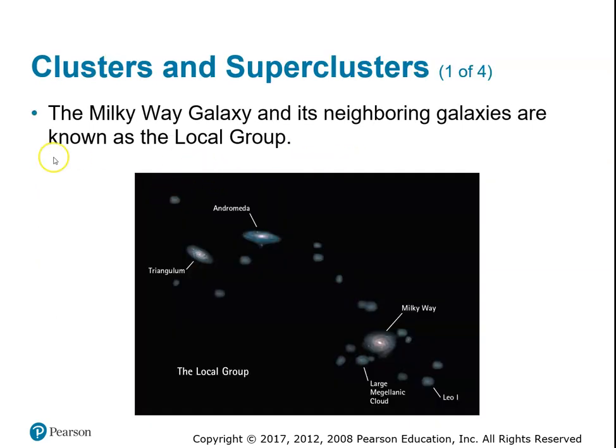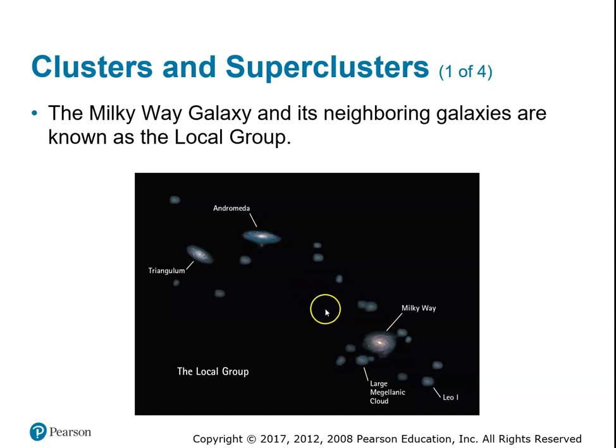Yeah, that's exactly right. This is a nice picture of the local group. So it's the Milky Way. There's the large and small Clouds of Magellan. There's a couple of little dwarf galaxies. Andromeda is another spiral galaxy. It's actually twice the size of the Milky Way, and Andromeda and the Milky Way are on a collision course.